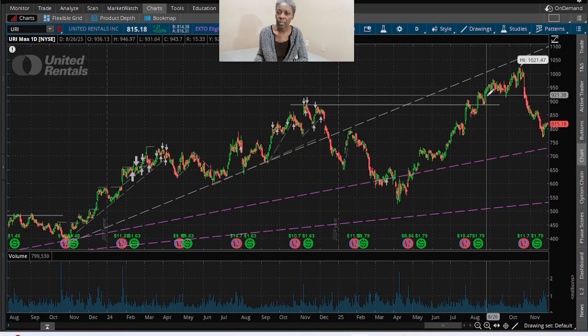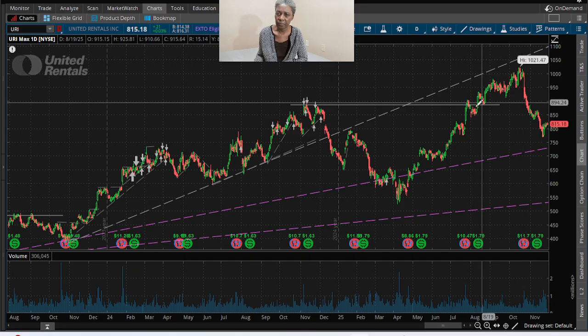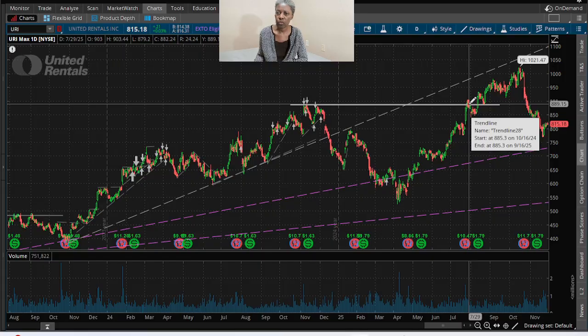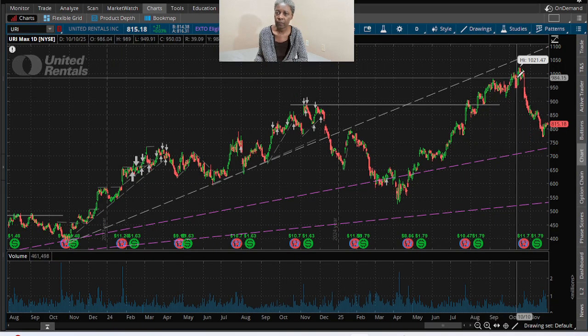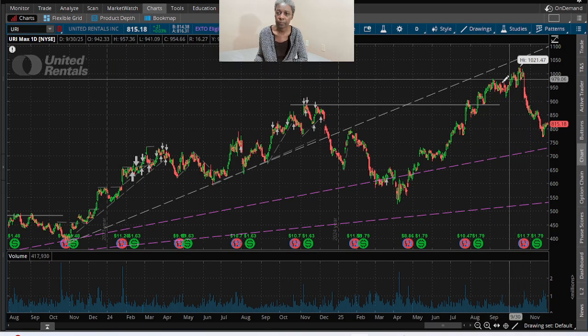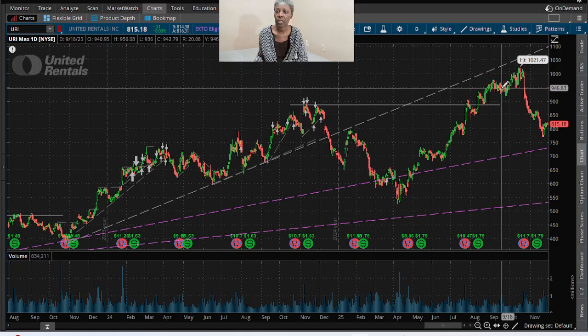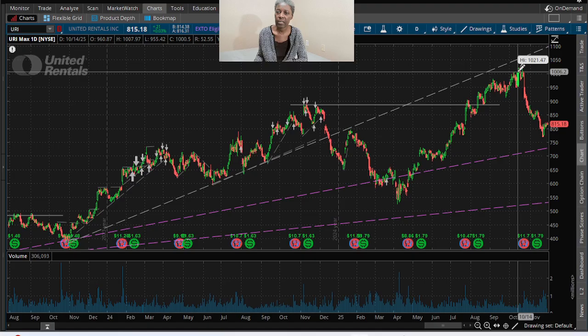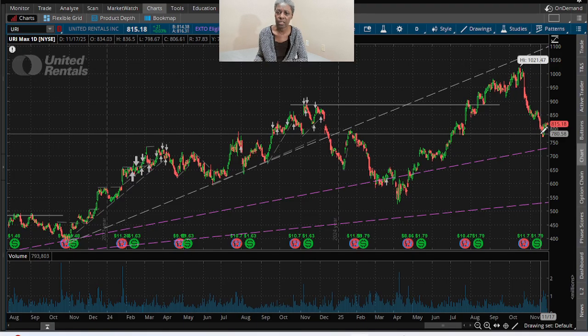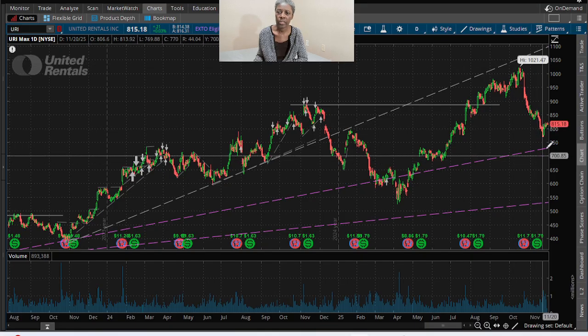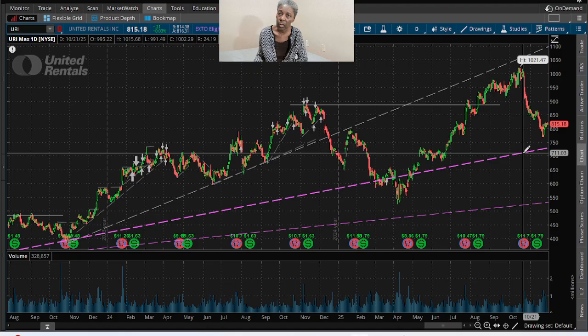So it continued to make new highs all the way to here, and from July to October, 3 months, and then from there, it was done and pulled back slowly all the way to close to this support line where we bought it.